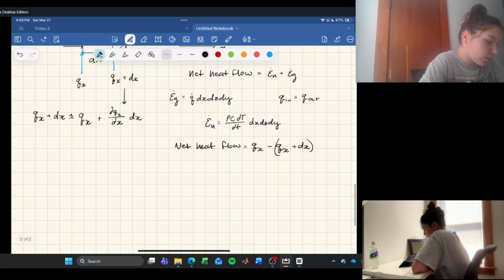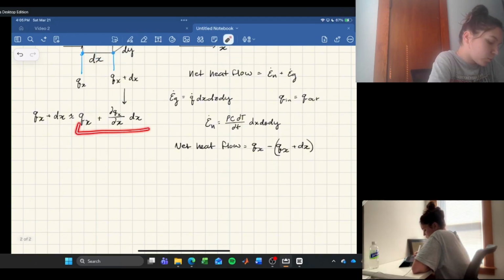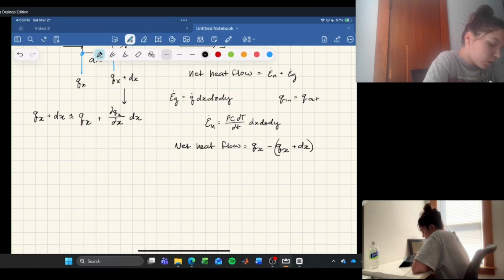And then we can plug in what we just approximated over here and say it's minus the heat flow plus the change in heat over the change in position.